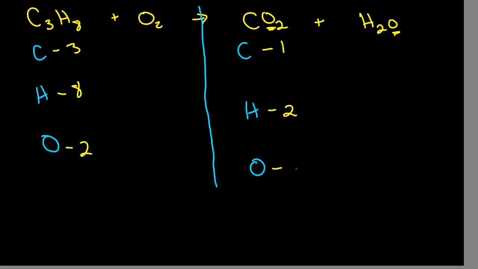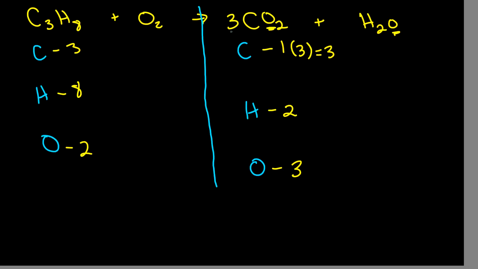So that means I have 3 oxygen because 2 plus 1 is 3. Alright, now with that information, let's get started. I got 3 carbon, I got 1 carbon. Well, 1 goes into 3 three times. If I multiply this by 3, I'll get 3. So let's try a 3 right here. My carbons are fine now.